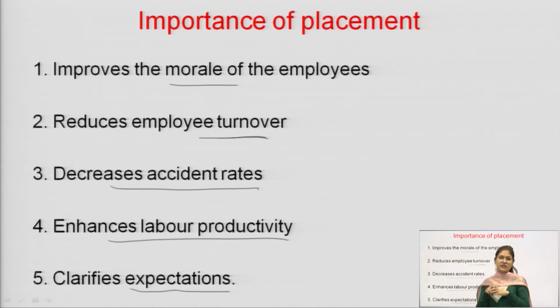If the placement is rightly done by the supervisor or manager, then after allotting the work, the manager will also tell what expectations the organization has from that particular candidate. So it also clarifies to the employee how he has to perform his work. In this way, we can say that the placement function of staffing also plays a very important role.